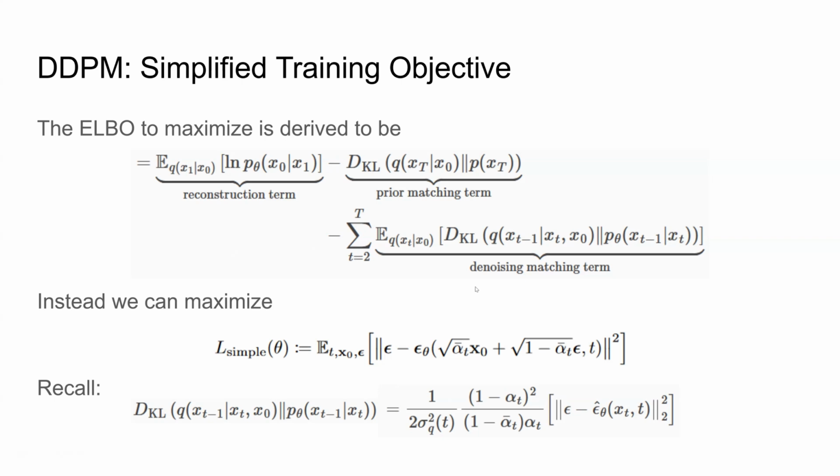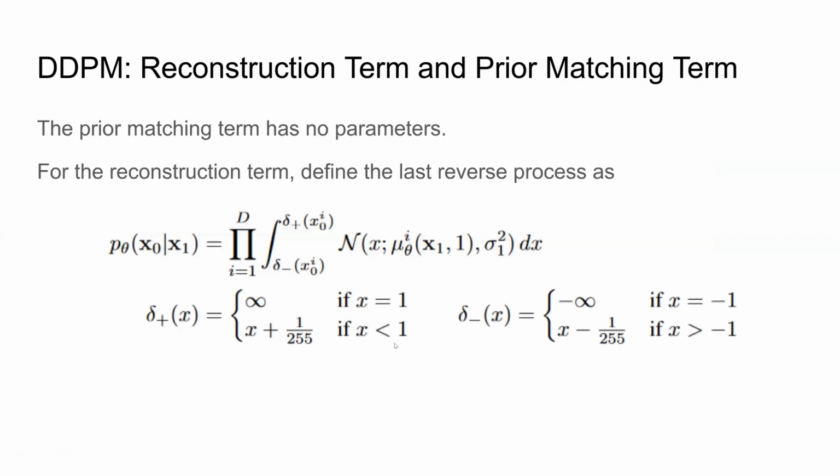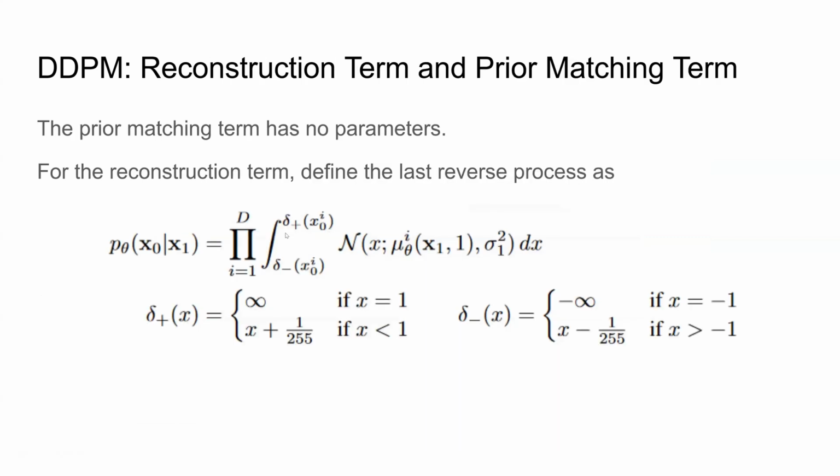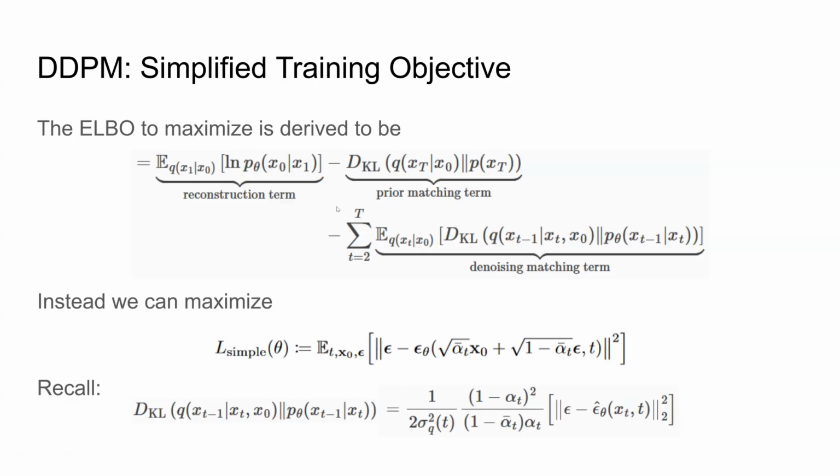So what we only need to maximize is this stuff, because if we have a model that predicts the noise very well, and we plug this back to this equation, we actually minimize this KL divergence, which, because there's a negative sign, maximizes the entire log likelihood.